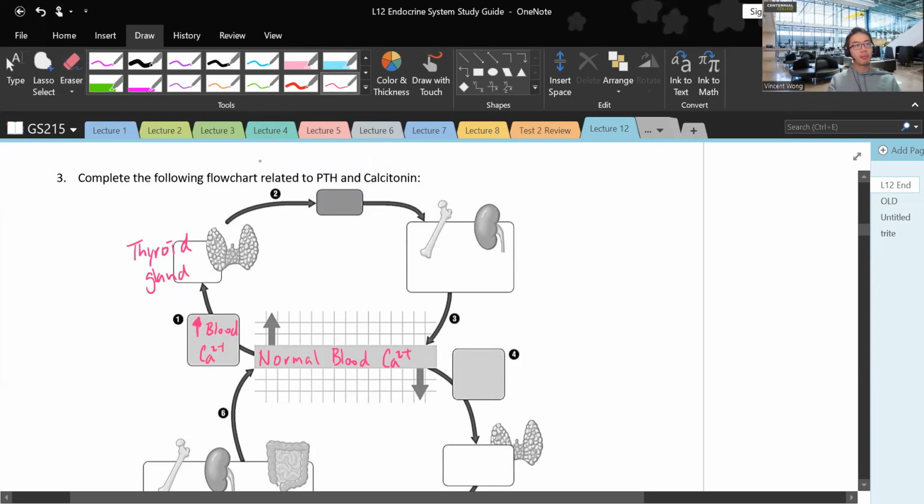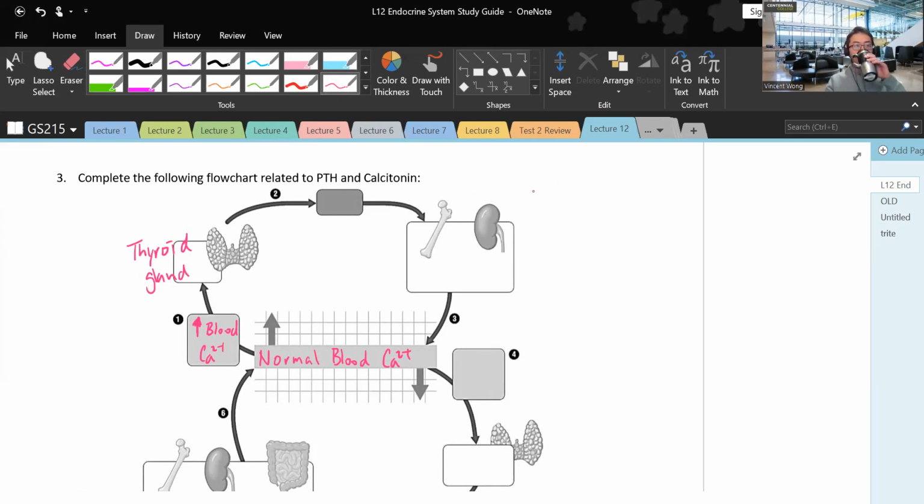Let's take a moment and think about that. Let me know if you have decided which one is the right hormone. We did a hormone chart for the calcitonin and PTH back in lecture 10, right? So you might want to use that as a reference.